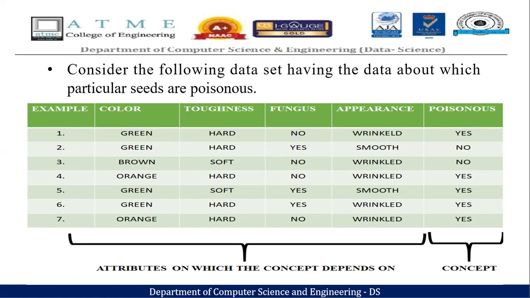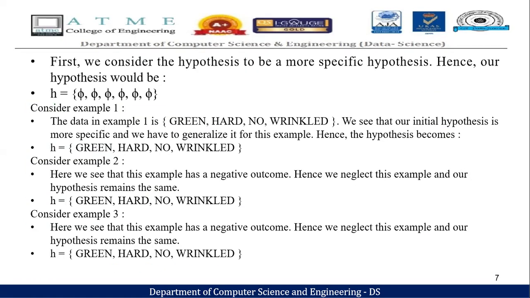The first sample is yes, that is positive, and you should check the features. Here we are using the null hypothesis, that is, all the attribute values are null. So what we are doing is changing the hypothesis to the existing values. We are replacing null with green, hard, no, wrinkled. This is the first hypothesis we got.